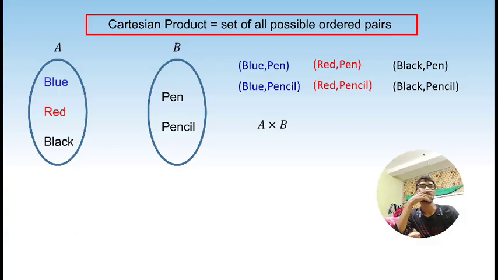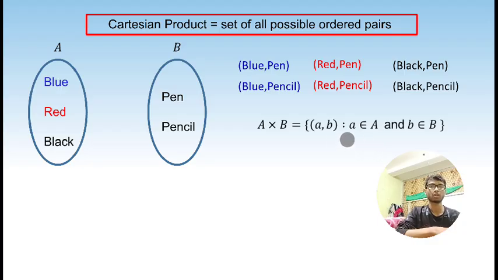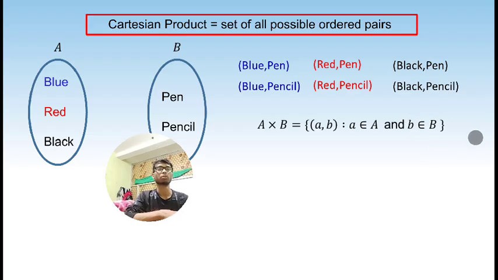So A multiply B is written like that: A cross B is equal to the pairs where a belongs to set A and b belongs to set B.